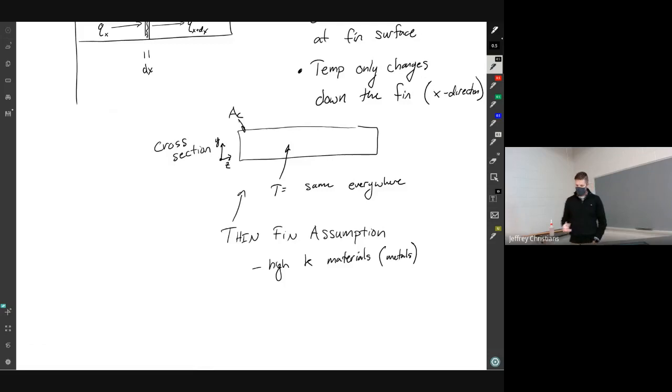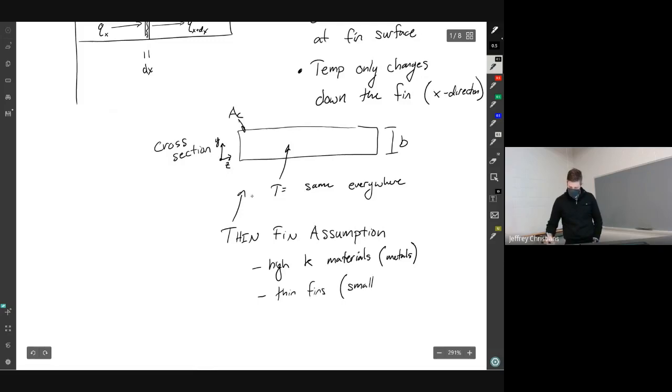It's also good if this is the height, we'll call it b, for thin fins, a small thickness b.